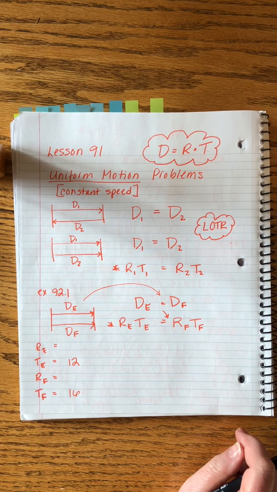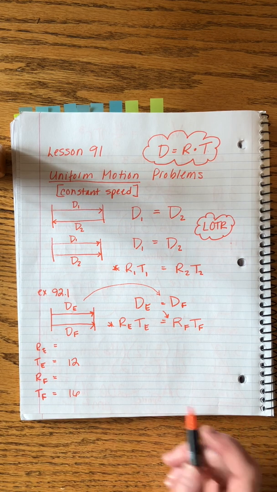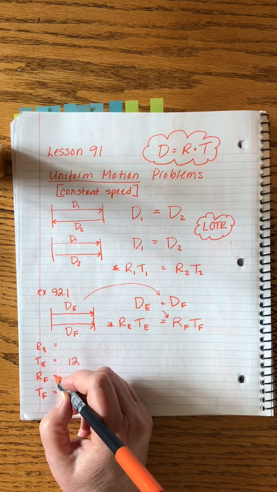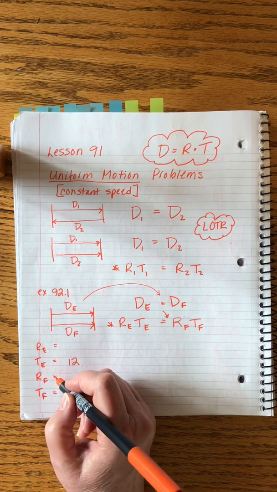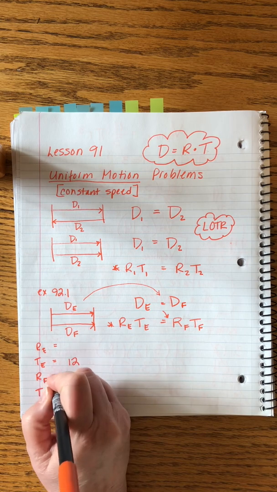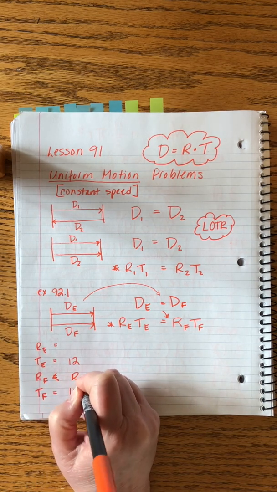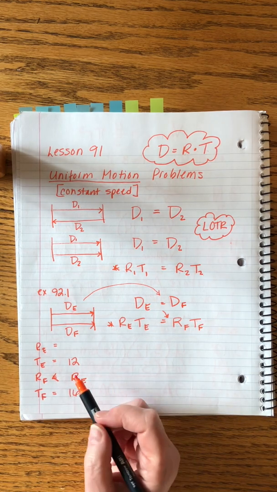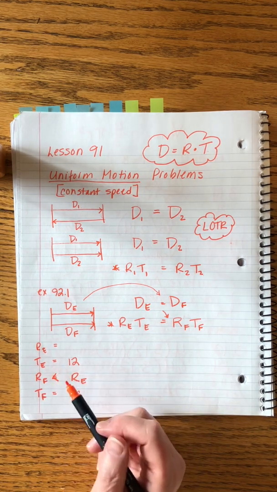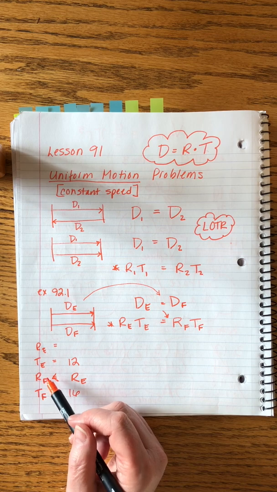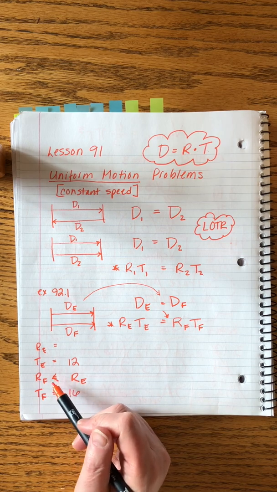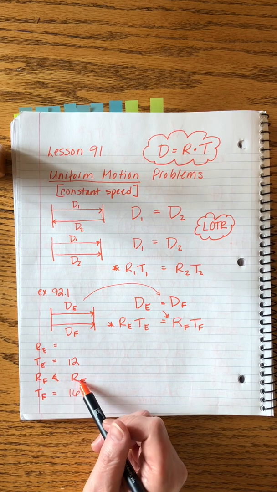Find the rate of each train if the rate of the freight train was 15 kilometers per hour less than, so we'll just write it like this, the rate of the express train, okay? Once again, we're writing an inequality before we create a balanced statement. So it says the rate of the freight train was less than the rate of the express train.